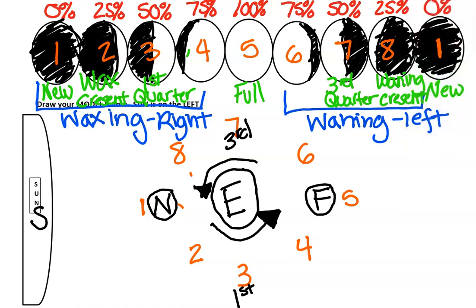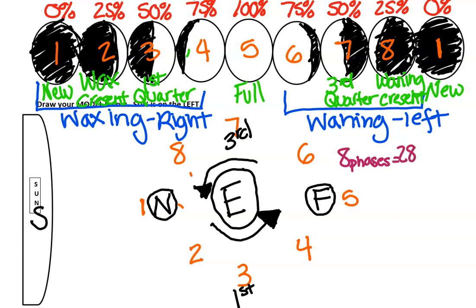The last thing that we want to add to our moon phase diagram is predicting the moon. So again, these go in order, but we want to make sure that we understand how long it takes to go the entire process, to start at new moon and go all the way back to new moon. So to go through the entire revolution of the moon around the Earth, which is 8 phases, takes around 28 days.